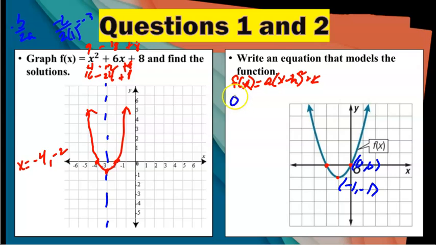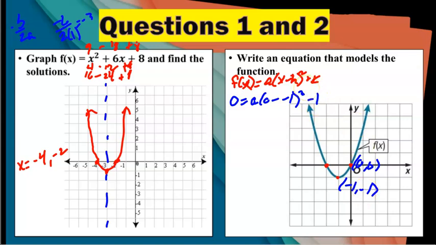So if I put a 0 in for y, equaling, I don't know my a, my x term is 0, minus my h is a negative 1, so a negative 1 squared, and then my k is a negative 1.